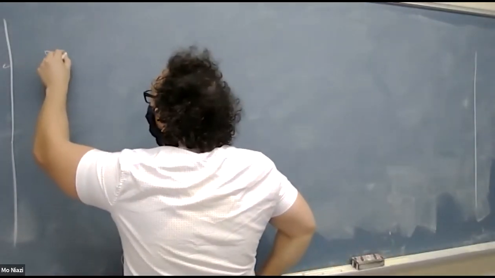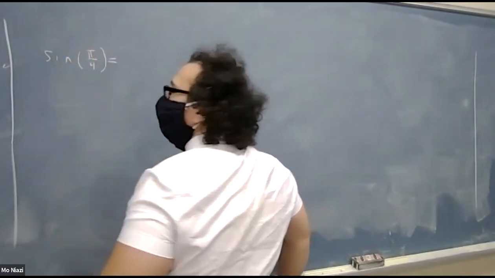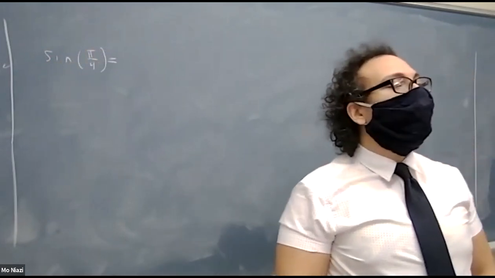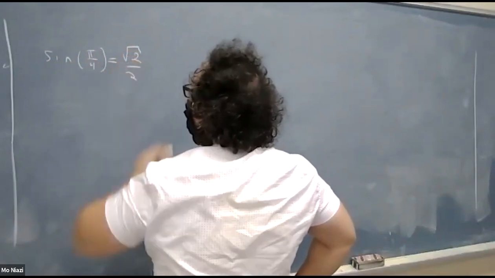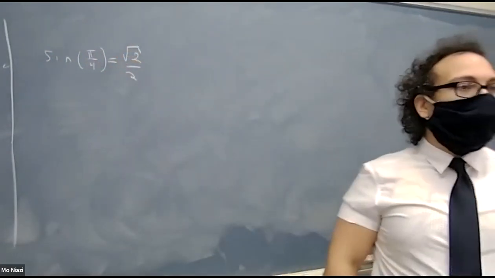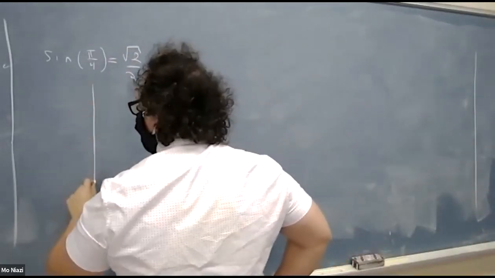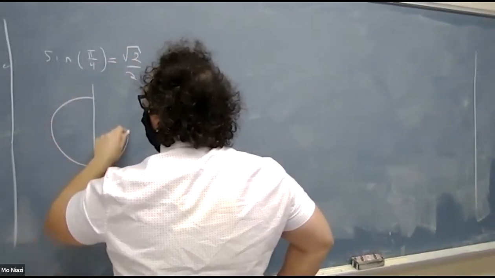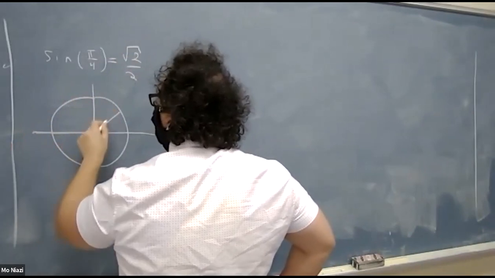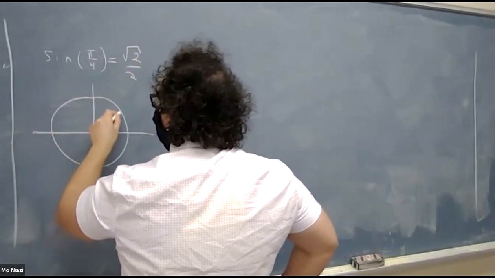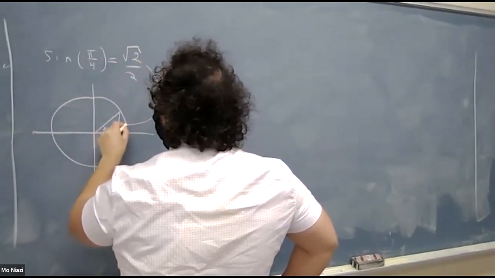What is the sine of, let's say, pi over 4? What does this equal? Yes, you're correct, Pam. What is square root of 2 over 2? What does it represent? A leg and the hypotenuse of the triangle formed in the unit circle.